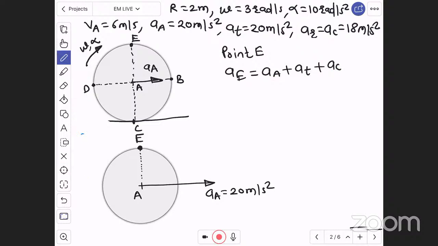Now, let us draw this. Acceleration of A is going towards right of magnitude 20 meter per second square.